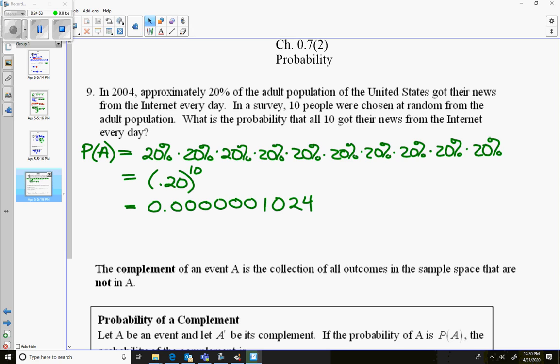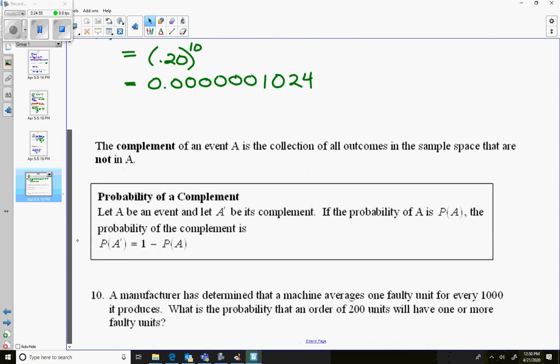Now, shifting gears slightly. The complement of an event A is the collection of all outcomes in the sample space that are not in A. The probability of a complement: let A be an event and let A prime be its complement.